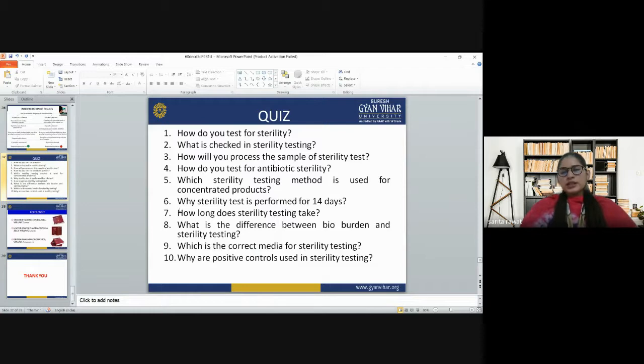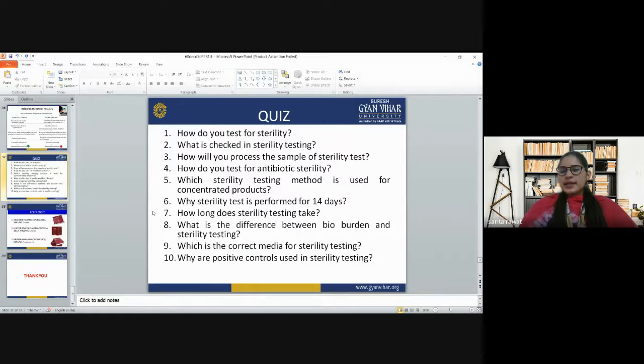The first question is, how do you test for sterility? What is checked in sterility testing? How will you process a sample for sterility testing? How do you test for antibiotic sterility testing? Which sterility test method is used for concentrated product?